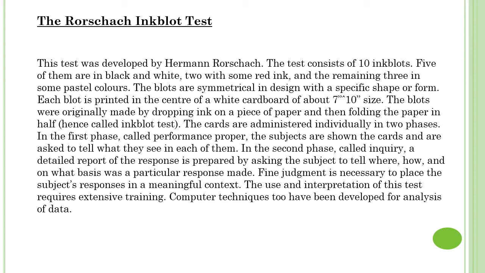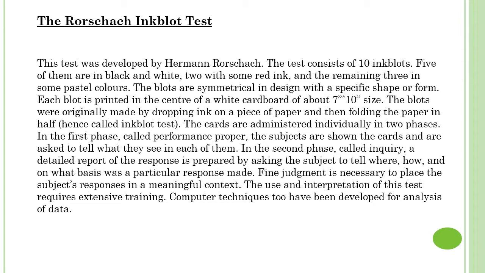The first one under the projective tests is the Rorschach inkblot test. Let's see what it is. The Rorschach inkblot test was developed by Hermann Rorschach, and the test consists of 10 inkblots. Five of them are in black and white, two with some red ink, and the remaining three in pastel colors.